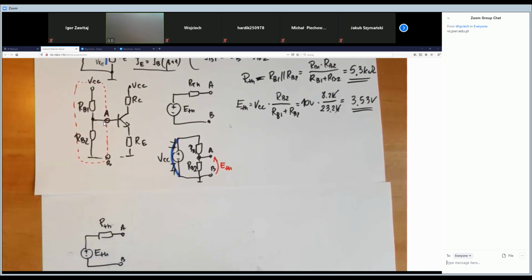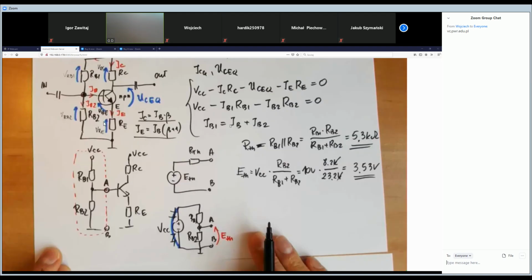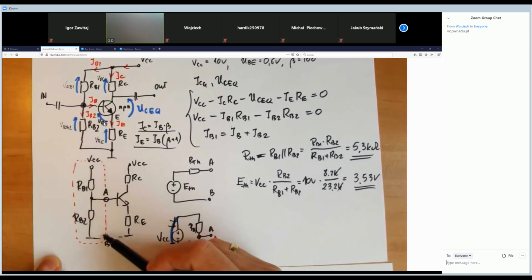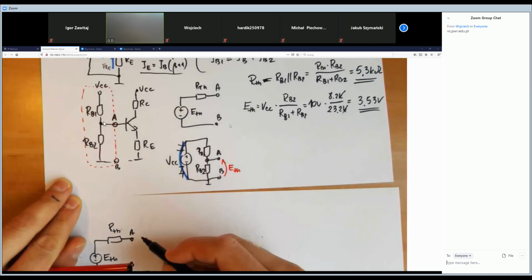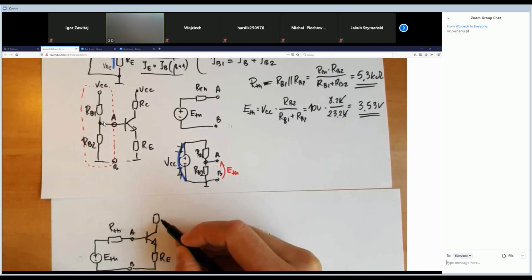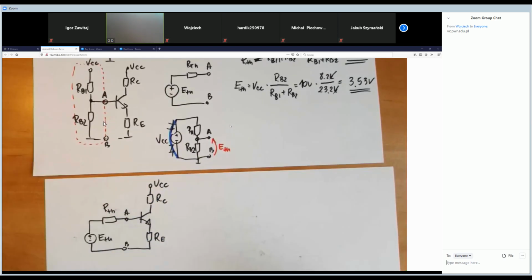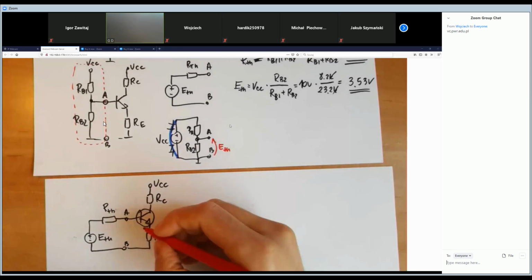And then we have to connect the equivalent circuit to the rest of our circuit. So the currents.